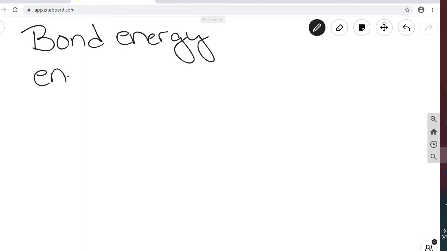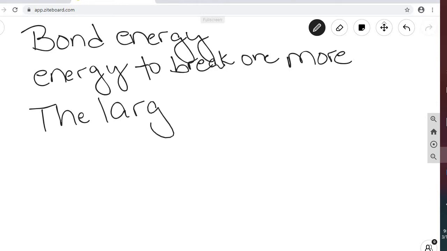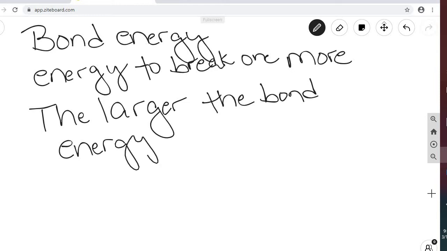So the larger the bond energy, the stronger the bond that exists between the atoms making up that molecule. The larger the bond energy, the stronger the bond between the atoms.